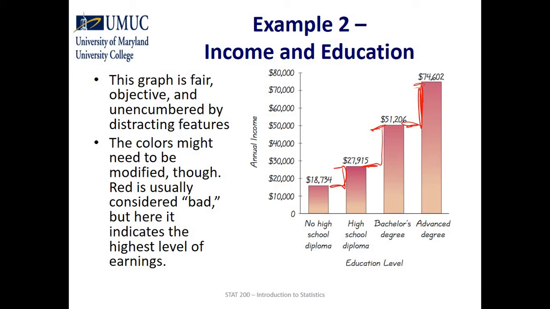The only thing is that red is usually considered bad, and here we're going from kind of a pink opaque color up to red, which kind of indicates that, oh, we're getting worse as we go up, which is not the case when you make more money. So I would say the only thing to do different about this graph is change it maybe to start blue and go up to green or something like that, just from a human factors perspective.